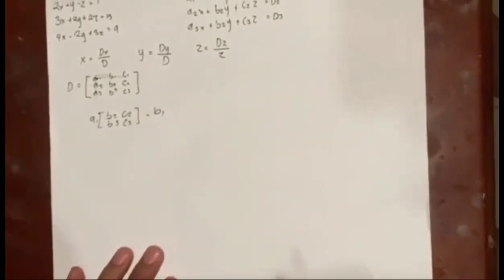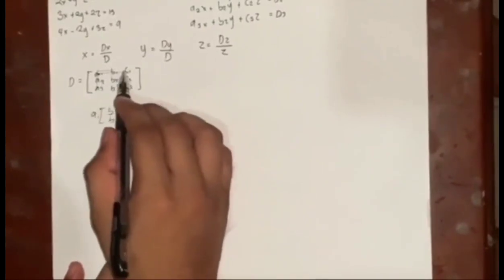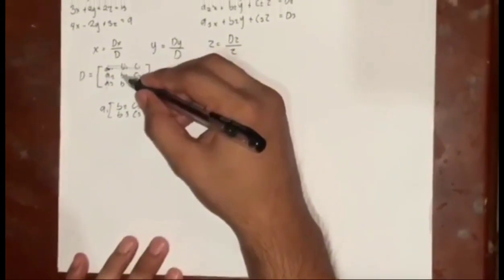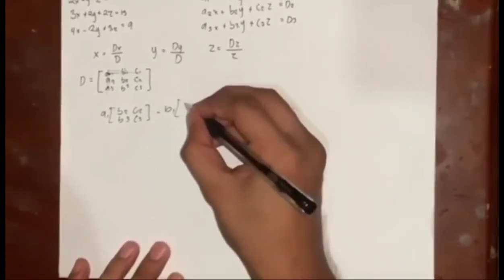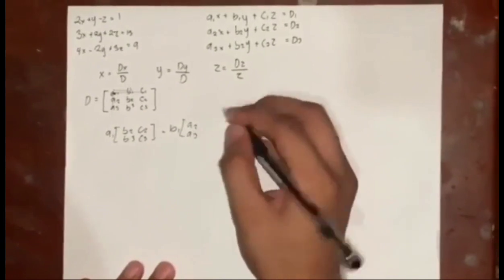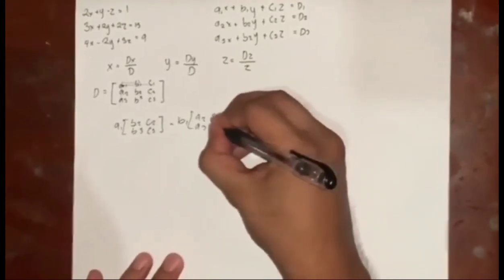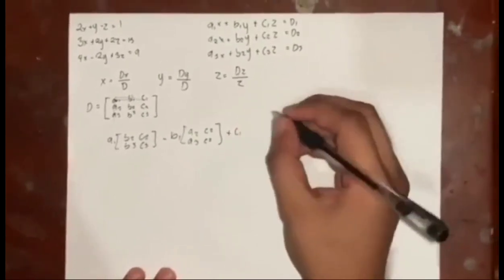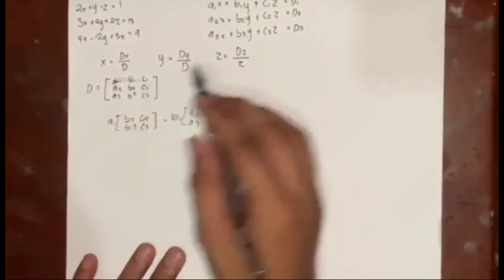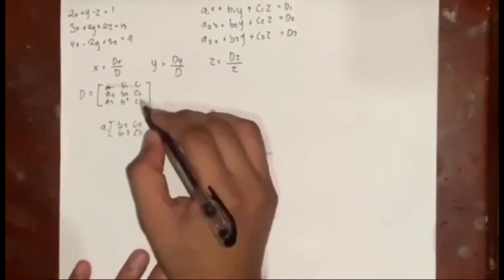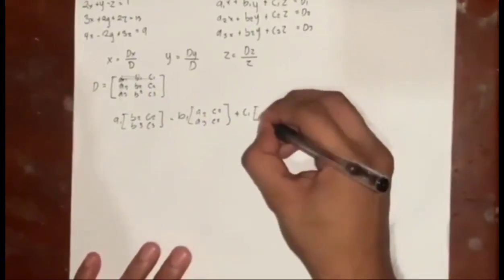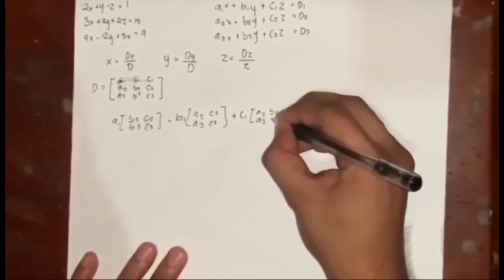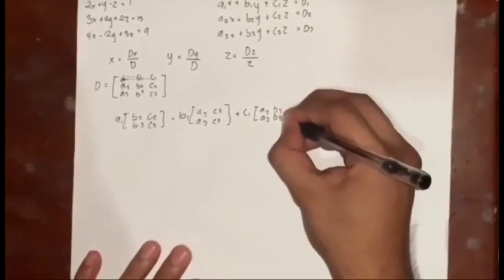To get the B1, we'll exclude the A1, B1, and C1 and all the B1, B2, and B3, and the remaining ones are A2, A3, C2, and C3 plus C1. And to get the value of C1, we'll exclude the A1, B1, C1, C2, C3. The remaining ones are A2, A3, B2, B3.